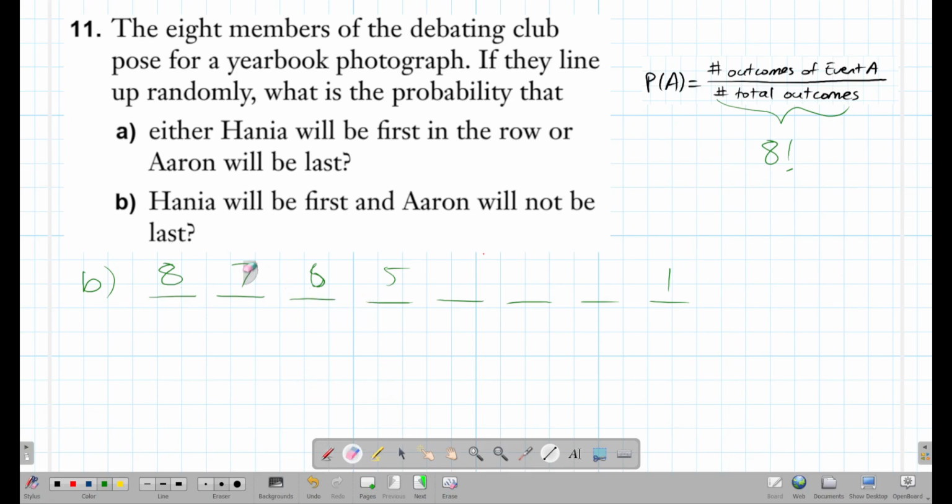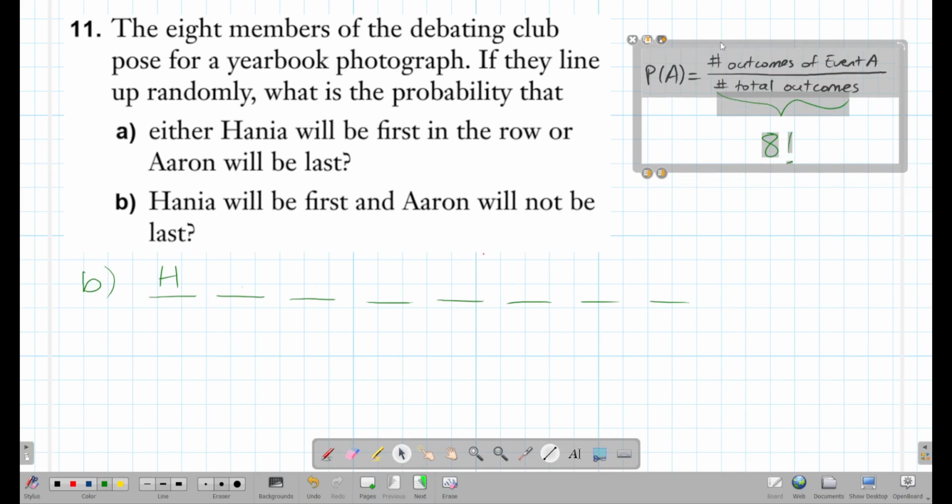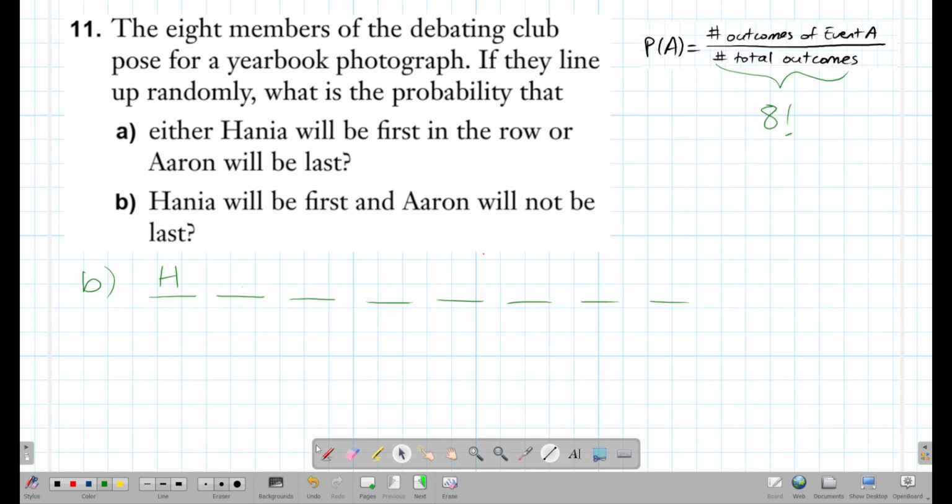Okay, cool. So for B, we are going to put Hania first. So I'm going to write an H for Hania. I'm going to fix Hania first. Also, before I get too ahead of myself, I also want to define some events.